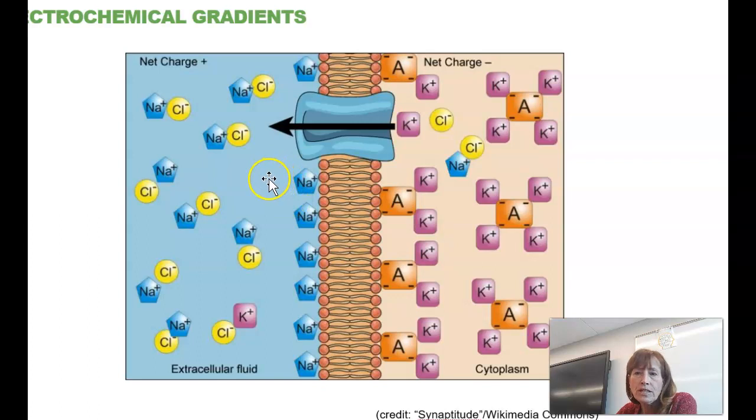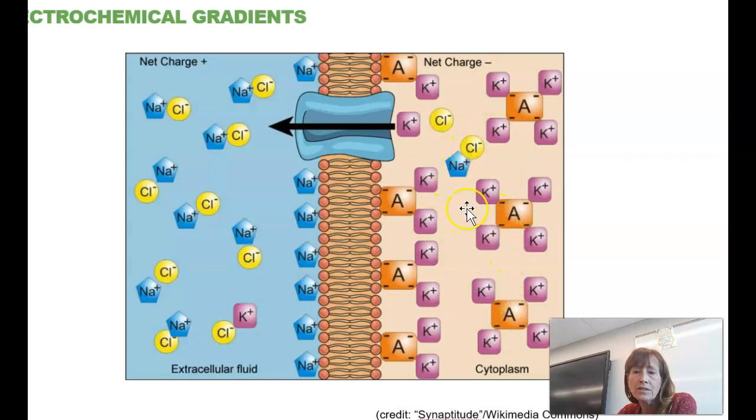If we want to maintain a certain imbalance, we're going to move the charges to the outside that we want to keep, and we want to keep a higher positive charge on the outside. And we're going to try to maintain a higher negative charge on the inside.